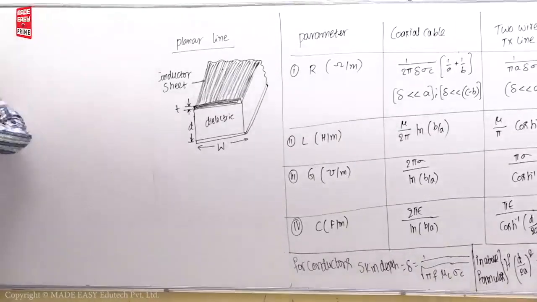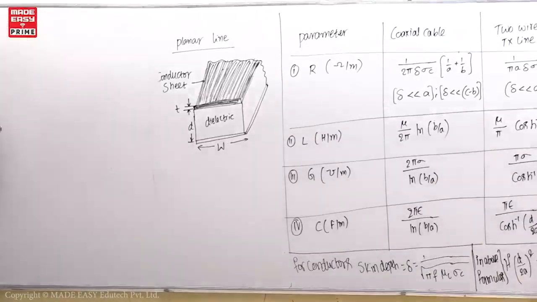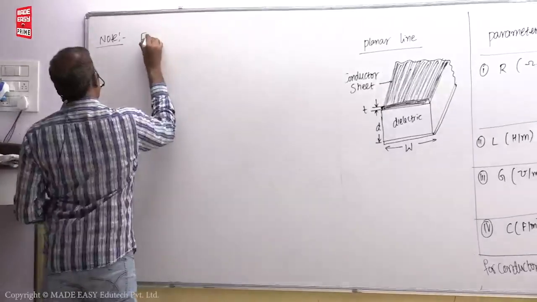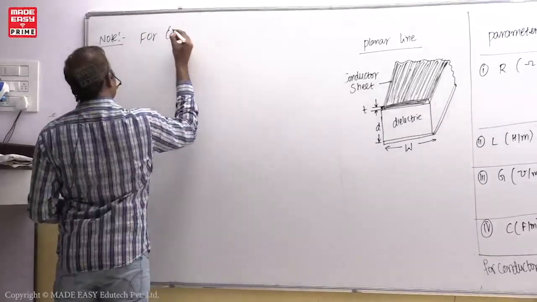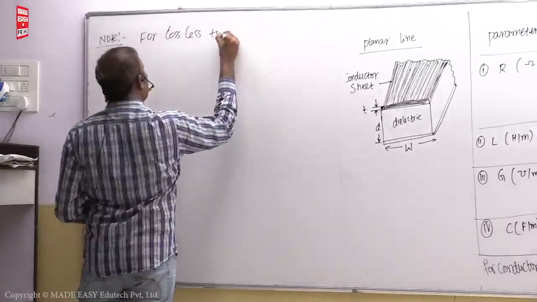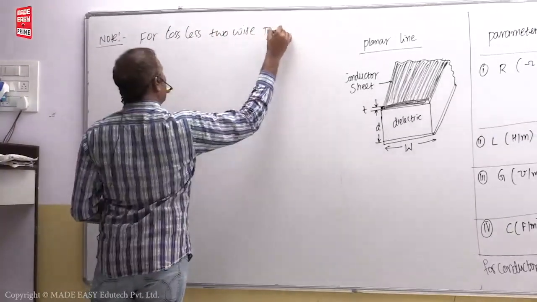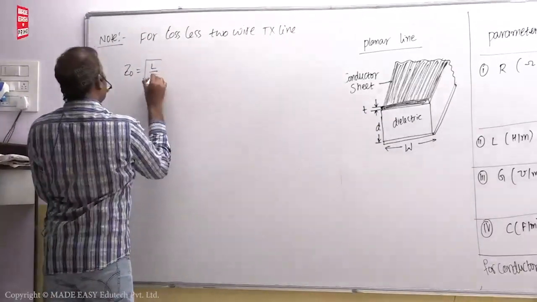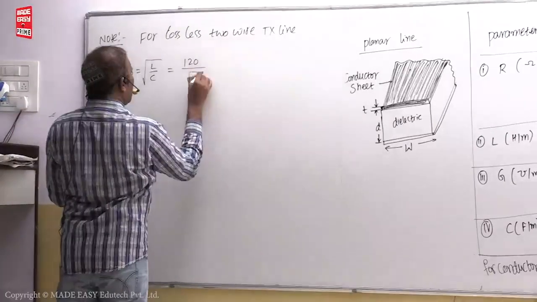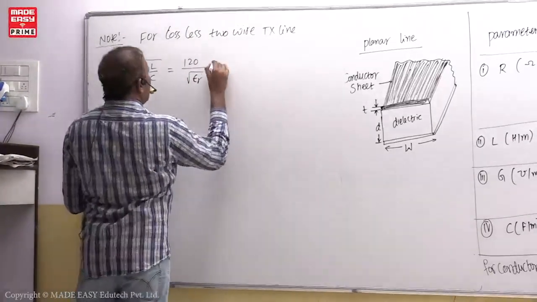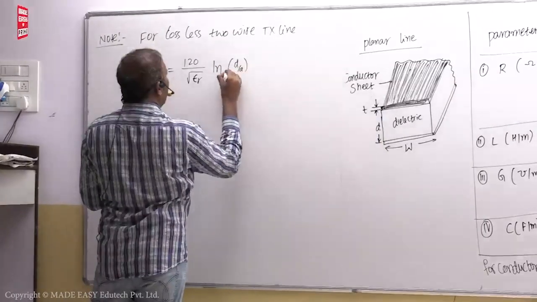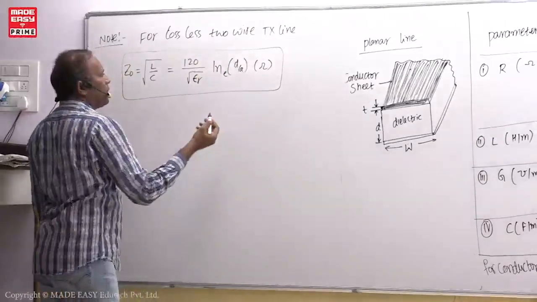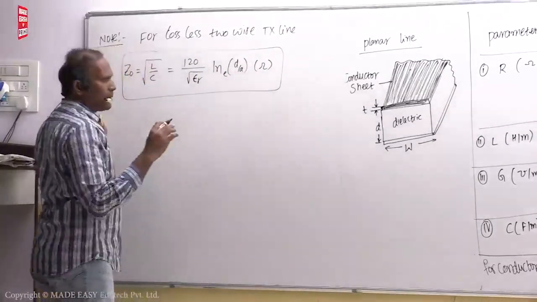Now similarly note for lossless two-wire transmission line, Z naught is equal to root L by C is equal to 120 divided by root epsilon r ln d by a, of course base e, ohm. Ln means base e, log means base 10.